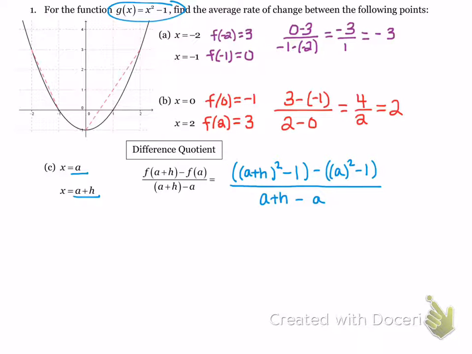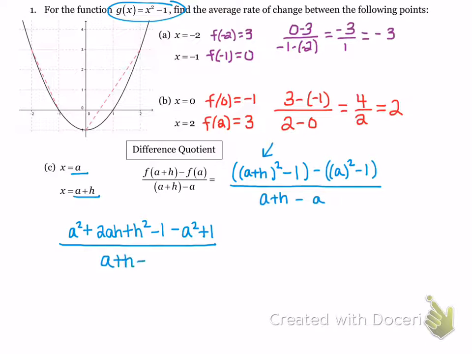When I expand this first binomial here, I get a squared plus 2ah plus h squared minus 1. And then I'm going to distribute minus a squared plus 1 all over a plus h minus a.